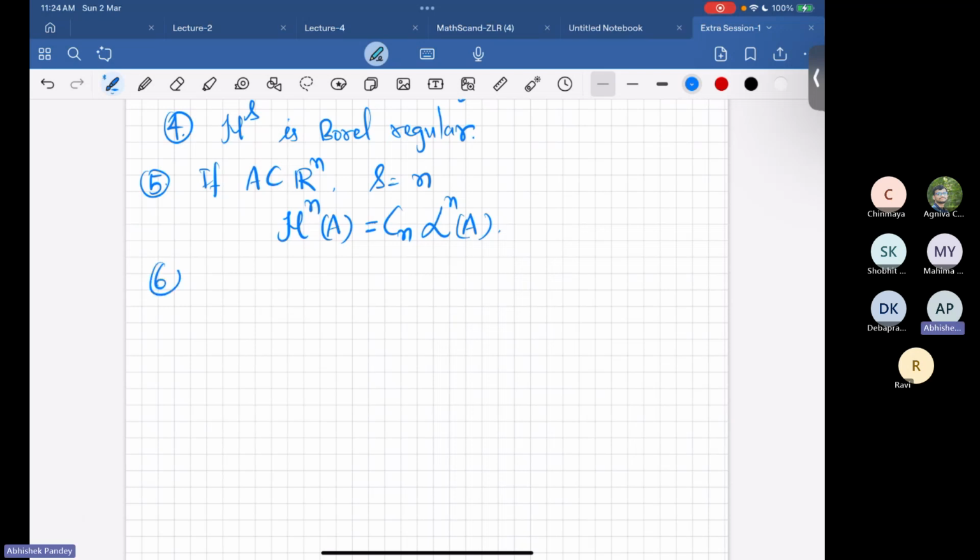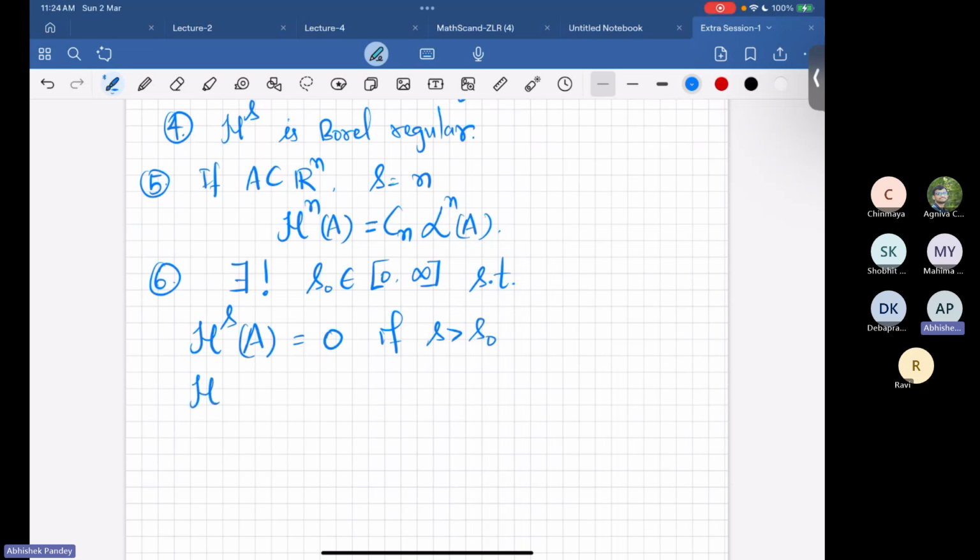The sixth point is that there exists a unique s naught belonging to (0, infinity) such that H^s(A) is equal to 0 if s is greater than s naught, and the s-dimensional Hausdorff measure of A is infinity if s is less than s naught.